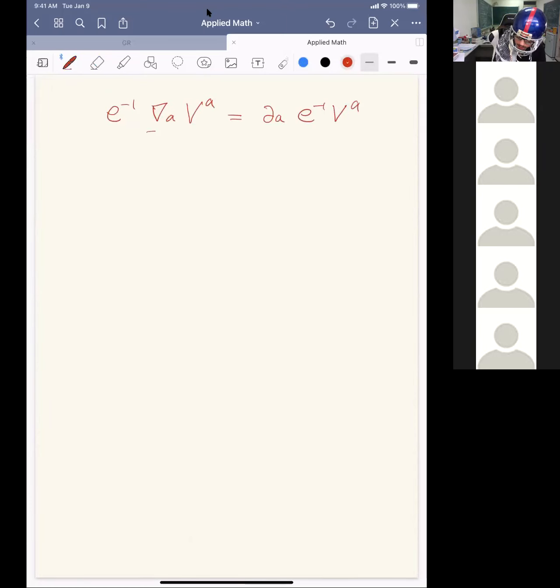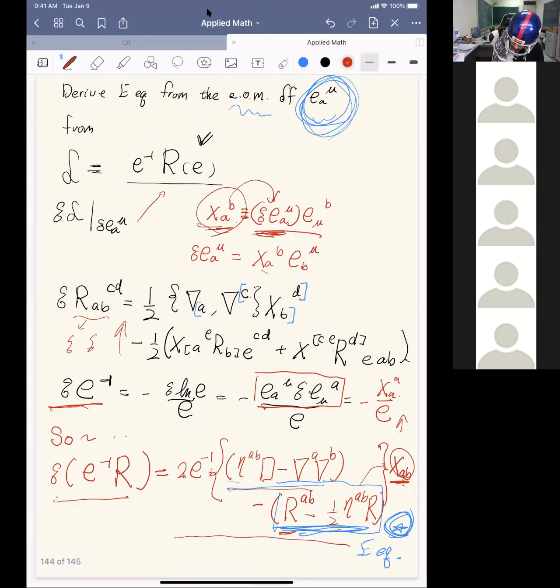Therefore, anything of this form is a total derivative. So the variation of your action with these terms, which are all covariant derivatives multiplied by E inverse, are just total derivative terms. Okay, thanks. Okay, very nice.